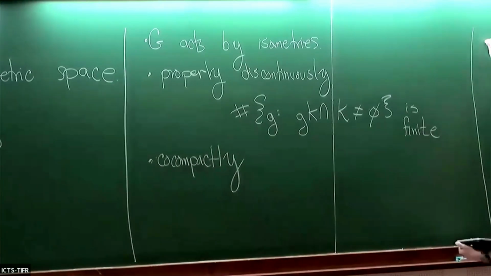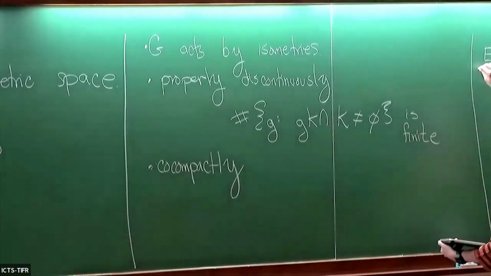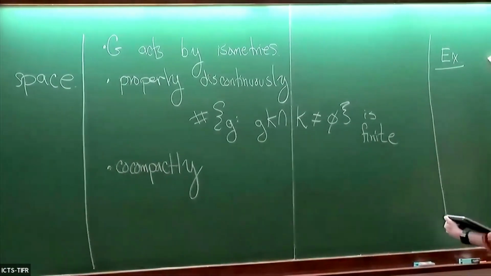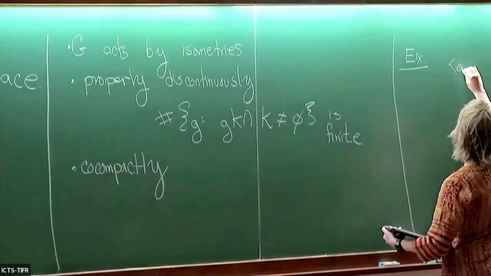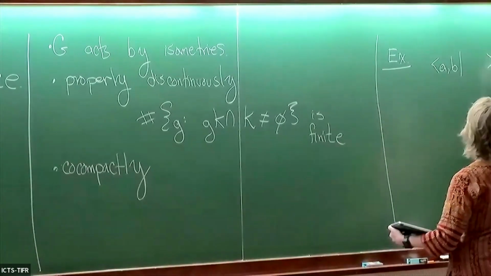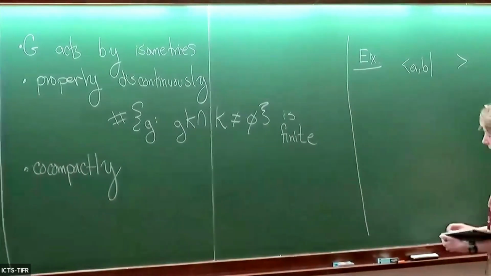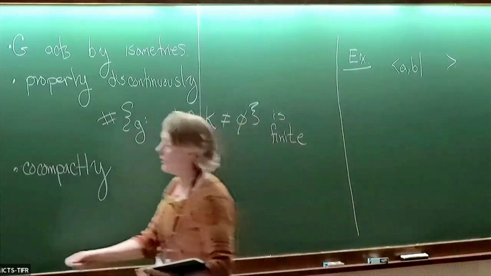So here are some examples of groups I'm going to be considering that I'll try to use later. So for example, the free group acts geometrically on this space. I'm going to try to use this colored chalk.